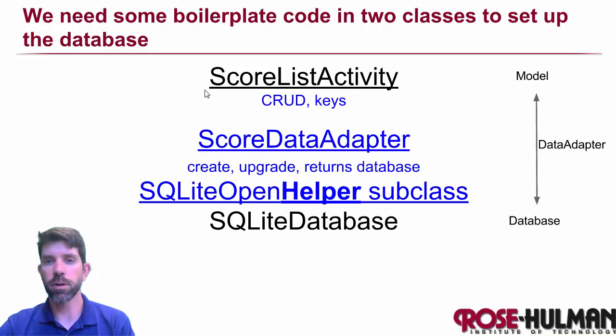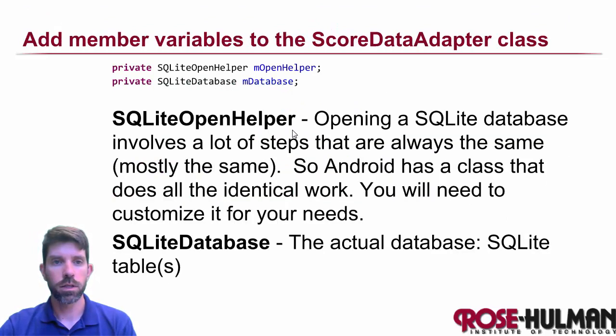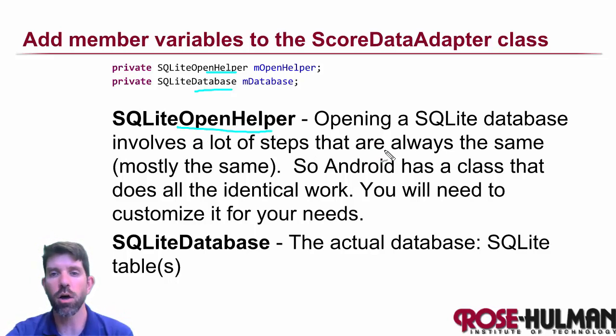All right, so let's talk a little bit about what we just made here. There's our stubs. Let's take a look here at these guys. So what are each one of these, right? So first of all, we'll look at the Open Helper. A lot of really boilerplate stuff that are pretty much always the same, right? So Android is going to give us this class here, and it's going to do pretty much all that work.